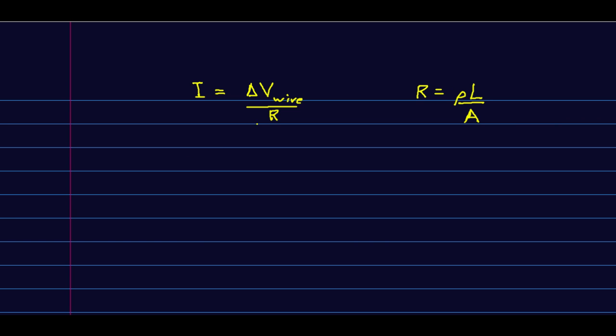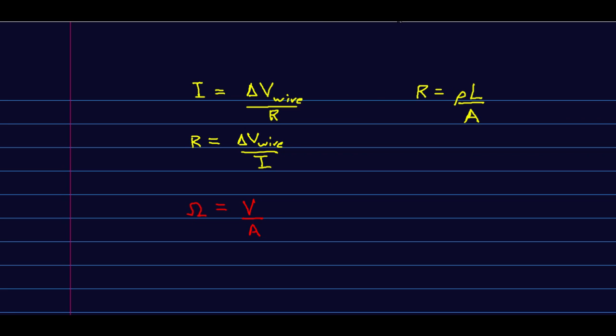As usual, when we meet new quantities, we should talk briefly about their units. So solving for the resistance, which is a new unit for us, it's a delta V over a current. And so that tells you that resistance is in volts per amp. And we define that as ohms, which we represent with this capital letter omega.